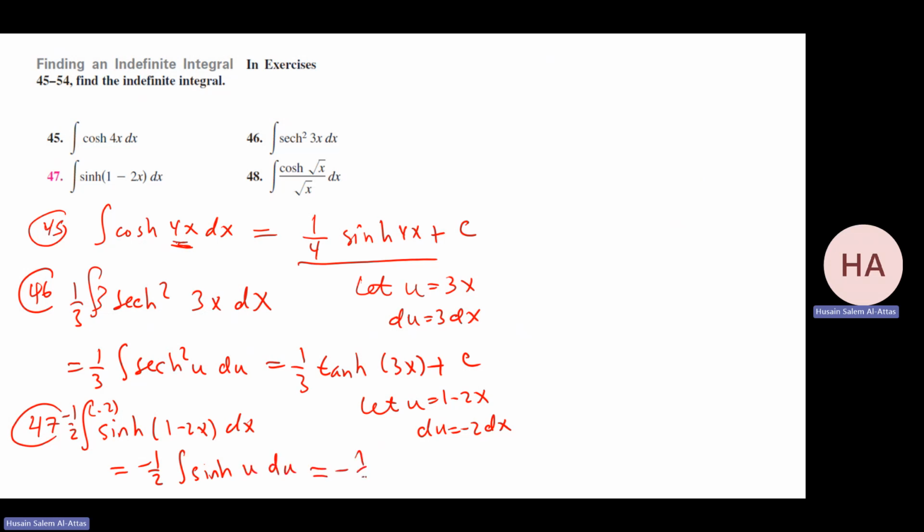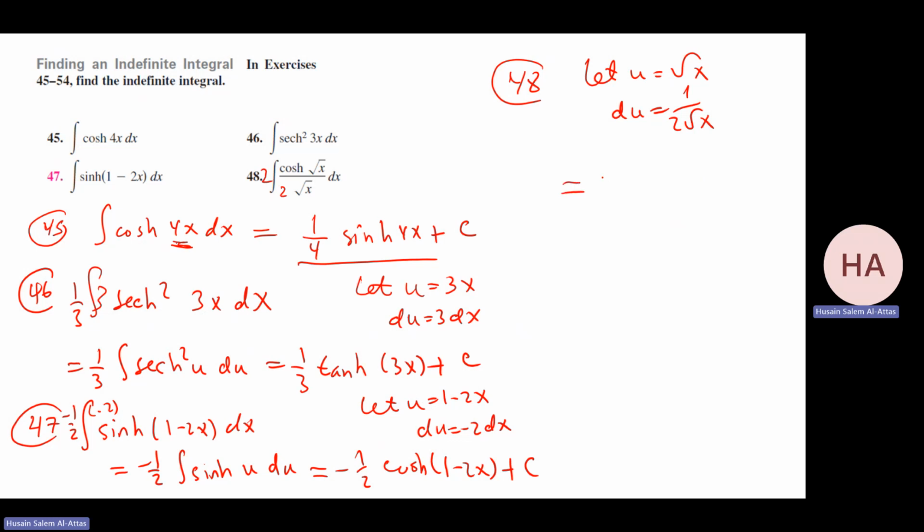So that gives me minus half cosine hyperbolic of u, which is 1 minus 2x, plus c. 48. Let u equal square root of x. Du will be 1 over 2 square root of x, so I need 2 and 2 outside. So that gives me 2 cosine hyperbolic u du, and the answer will be 2 sine hyperbolic of square root of x plus c.